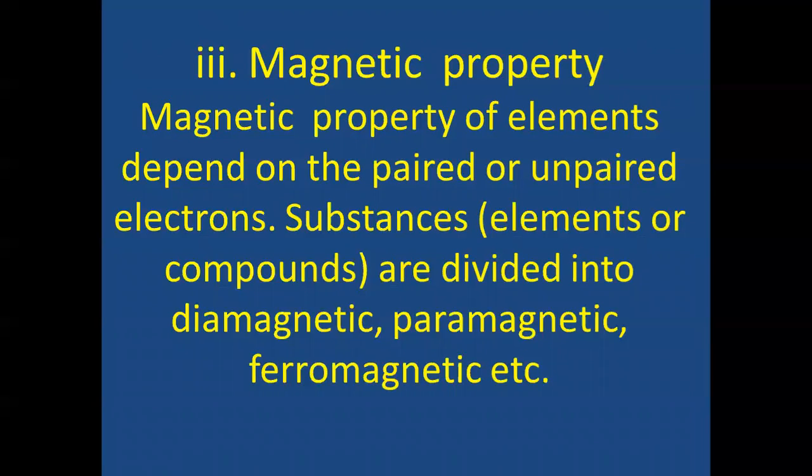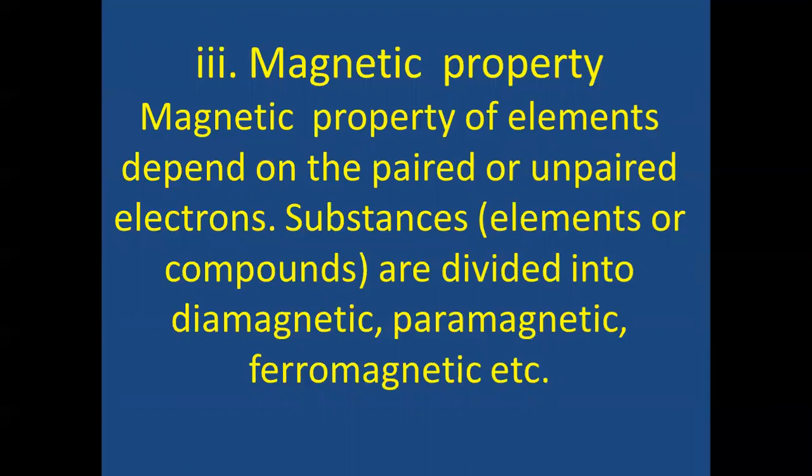There are many theories which explain magnetism, like Ewing theory, Weber theory, etc. Here, in electronic theory or modern theory, it says that the magnetic property of any substance, whether it is an element or compound, depends on the spinning of electrons.